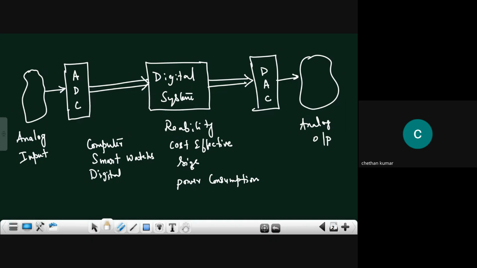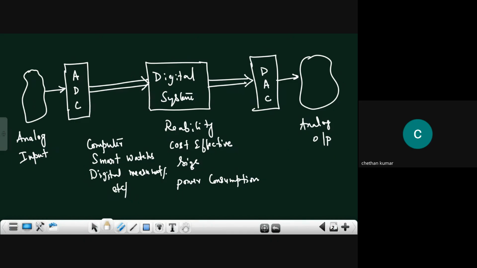Earlier it was analog, 20, 30 years back. Speed is analog in nature. Now that is replaced by digital. So digital measuring instruments, and there are many more examples of digital systems.